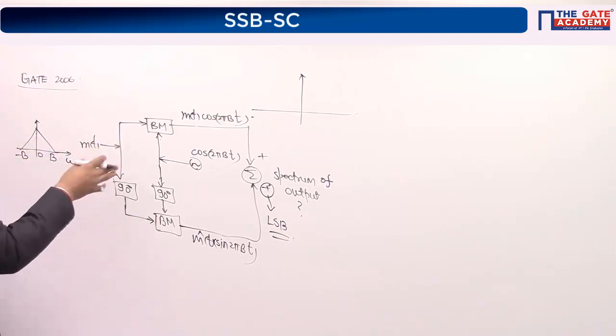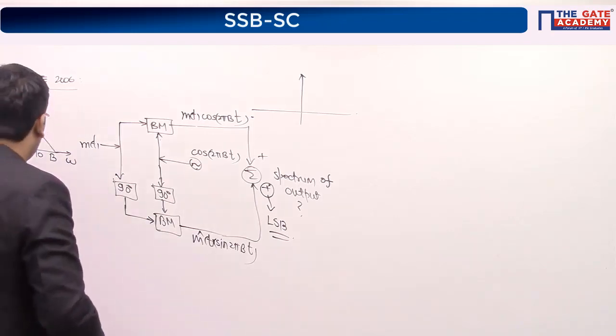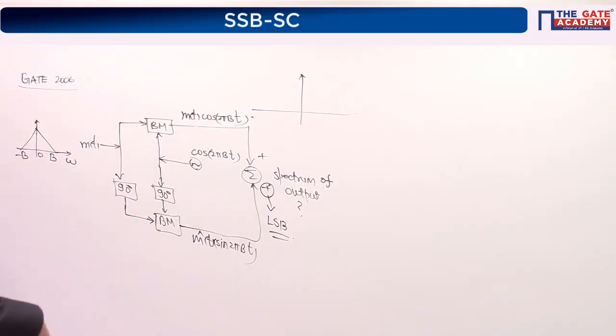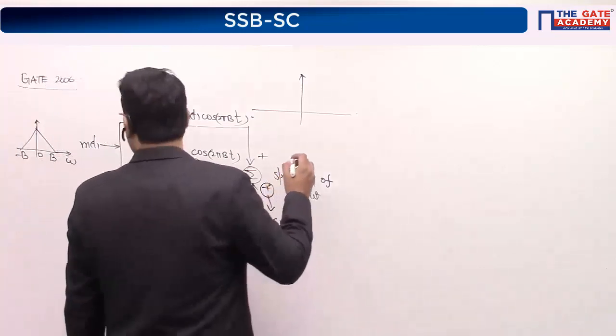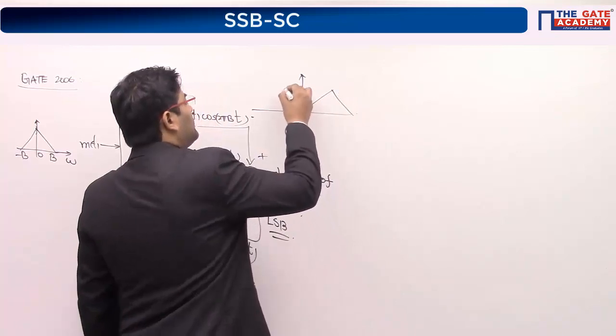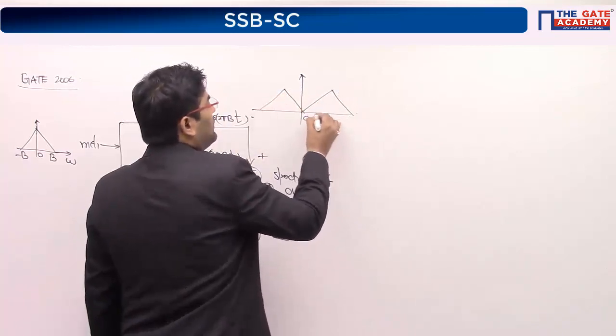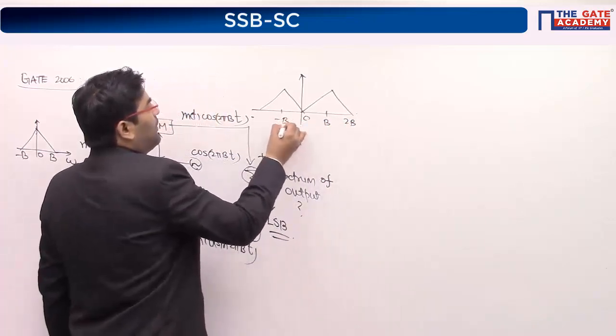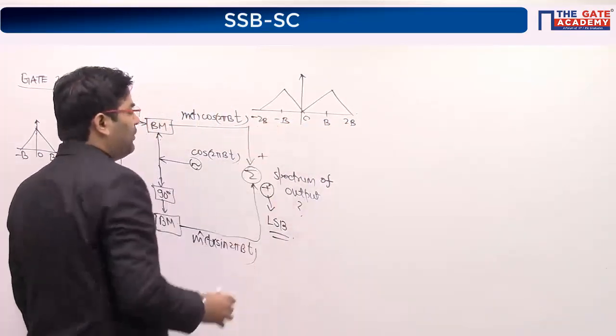So it will shift in the right and shift in the left. You will get something like this. It will shift by b in the right, so it will be something like this, and also this. This is 0, this is b, this is 2b, minus b, minus 2b. Are we good on this?